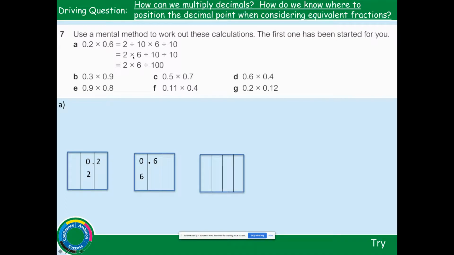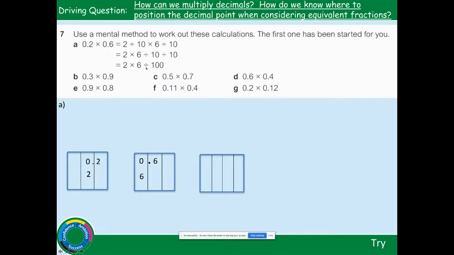It's not quite the way I would do it. I think I would do this multiplying this by 10, multiplying this by 10, and then just saying 100. I think I would be happier going just to that line myself. But please copy down the way they have shown you. Some of you might find that easier. Otherwise, just think about multiplied by 10 to show a 2, multiplied by 10 to show the 6.